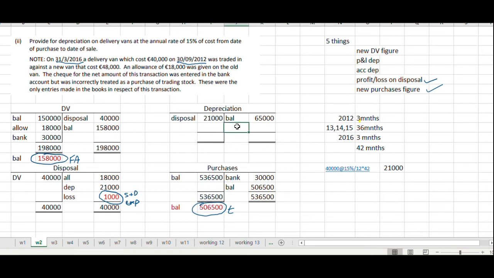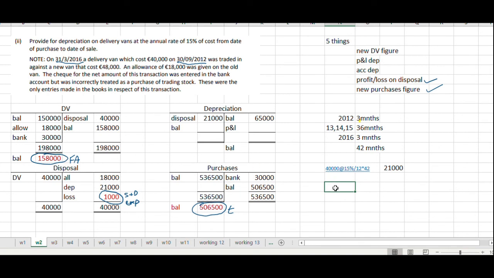Okay, what we're looking for here now in the depreciation is your depreciation for the year and then your balance of depreciation, which will be your accumulated depreciation. So if we look at the delivery van account, at the beginning of the year, we had 150,000 worth of delivery vans for 3 months, because after we disposed of the van, you can see up here, our vans were then worth 158,000 delivery vehicles.